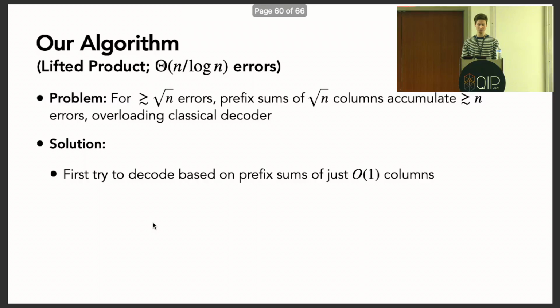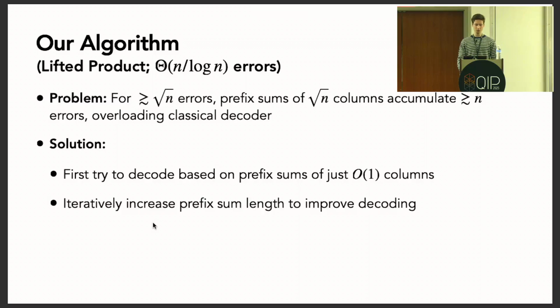So our solution to this is to first try to decode based on very short prefix sums. We take prefix sums of just constant length and try to do at least some amount of decoding, inferring some of the errors that occurred. And then we iteratively increase the prefix sum length, repeatedly do a little more decoding, infer a few more of the errors, and so forth, bouncing back and forth between taking longer prefix sums to decode even more errors, which allows us to take even longer prefix sums without ever overloading our classical decoder that we're applying at each step in a black box manner.